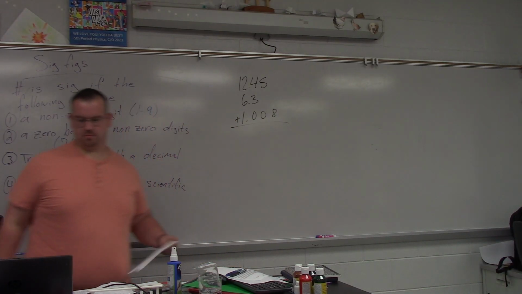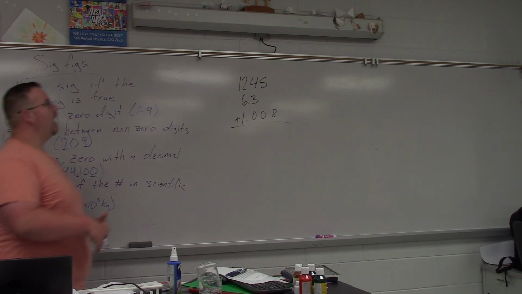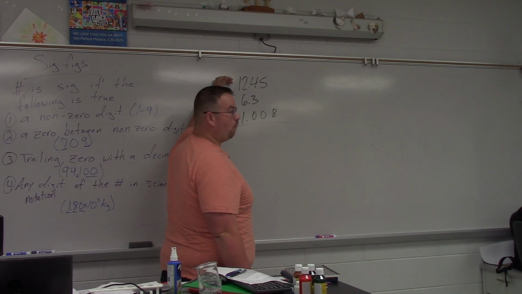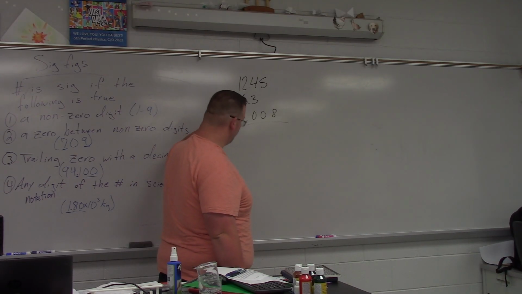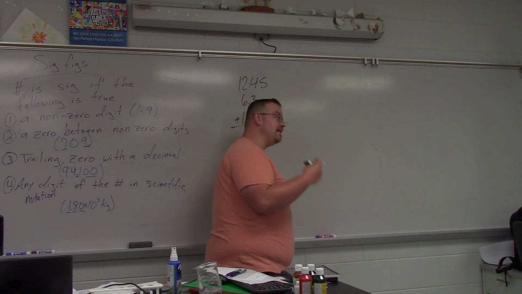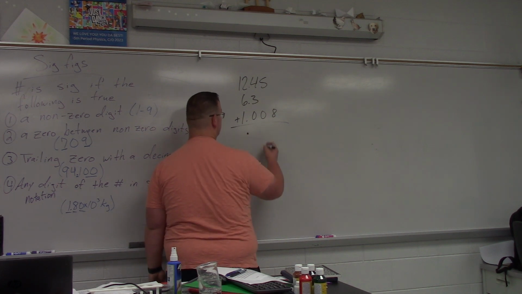I had these three numbers and we're adding them together. These three numbers are given to you. How many significant figures are in these? 4, 2, 4. So what place do I round to? To the tenth place.